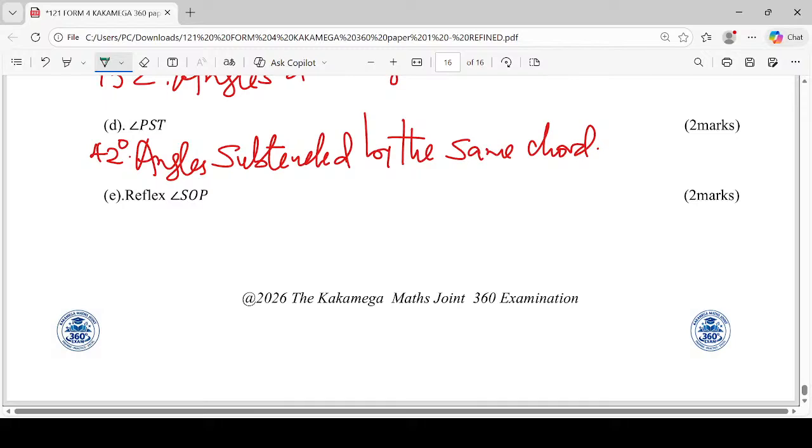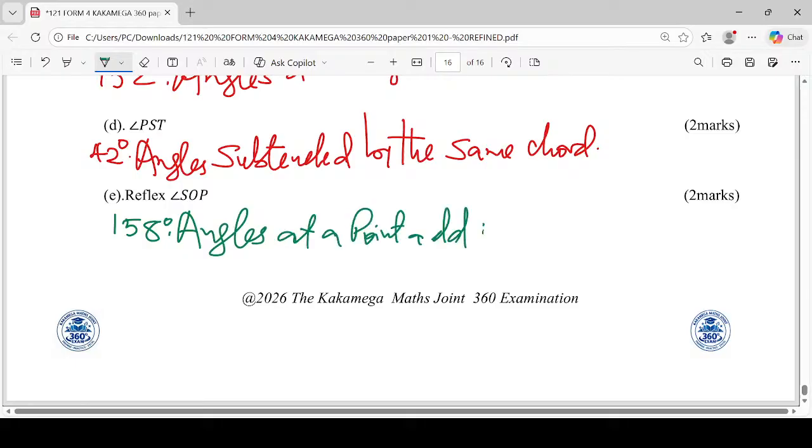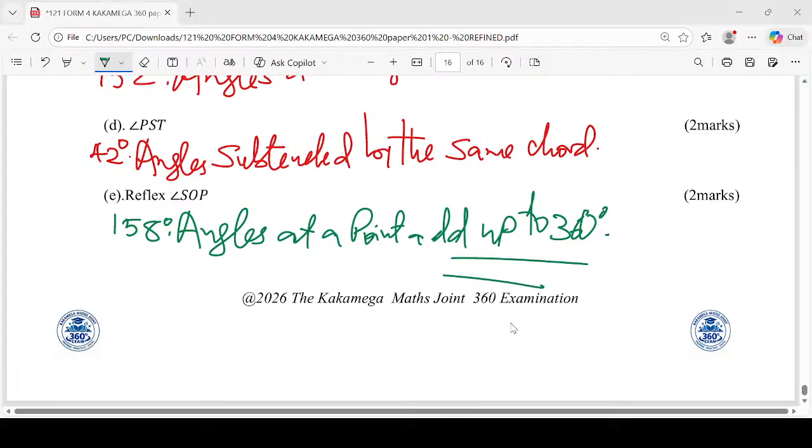So the reflex SOP is now going to become 158 degrees. The reason is angles at a point add up to 360 degrees.